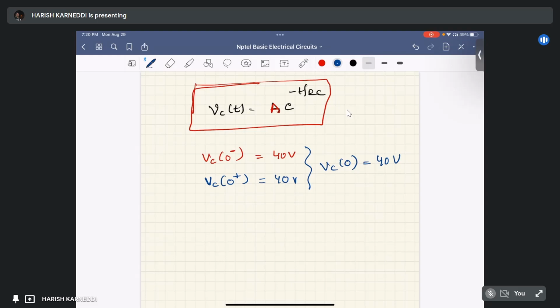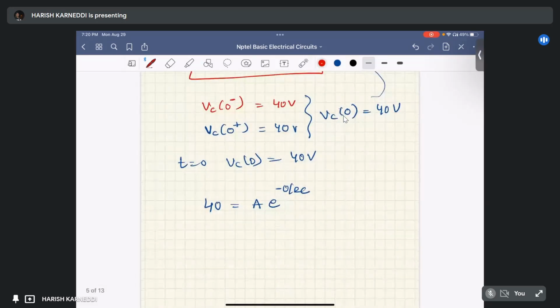So we can put this into this equation. At t equal to 0, VC of 0 equals 40 volts. Substituting, 40 volts equals A into e power minus 0 by RC, right? This term will be 1. So A equals 40 volts.